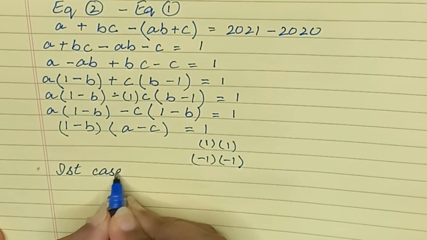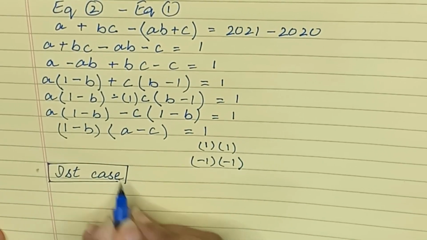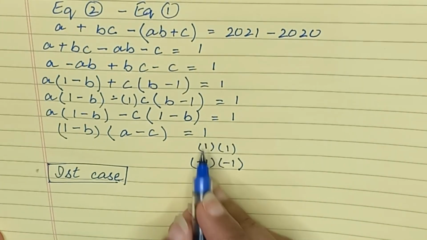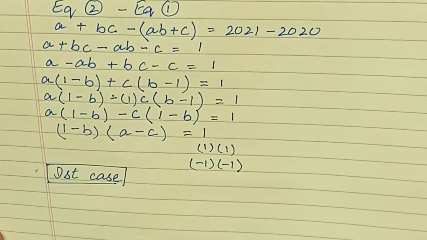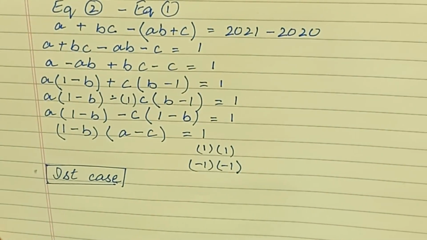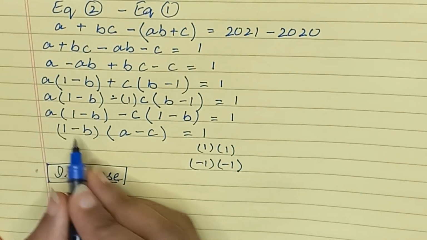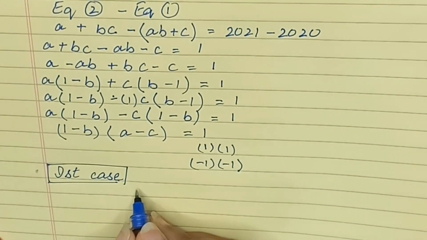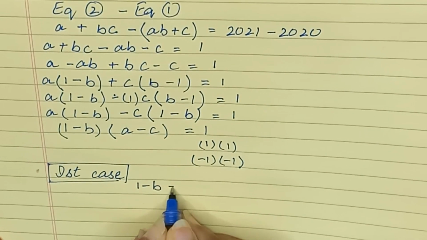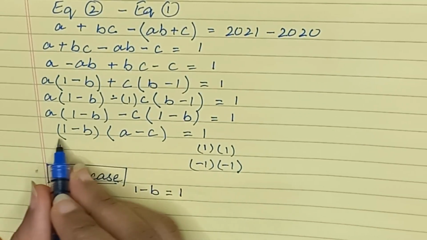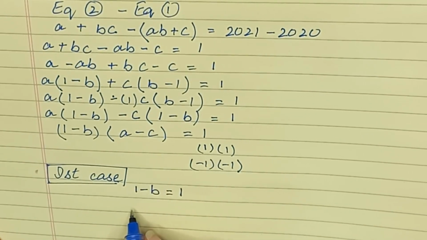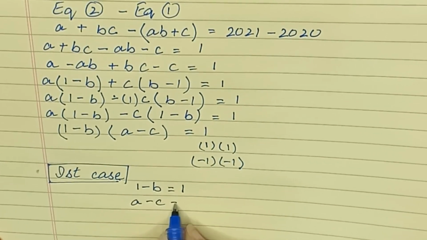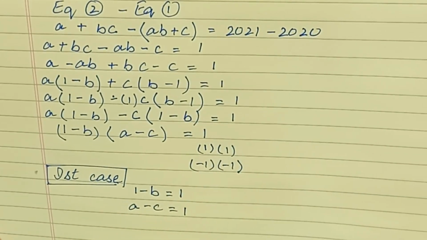The first case is if 1 is equal to 1 into 1. So it will become 1 minus b is equal to 1, the first factor equal to the first factor, and the second one, a minus c, is equal to 1.